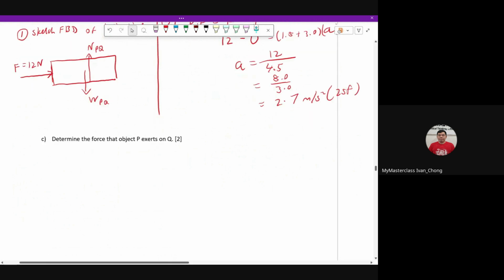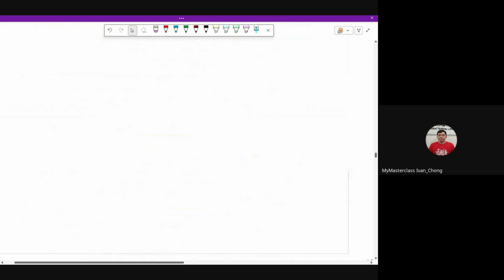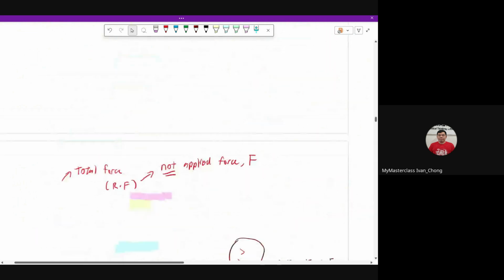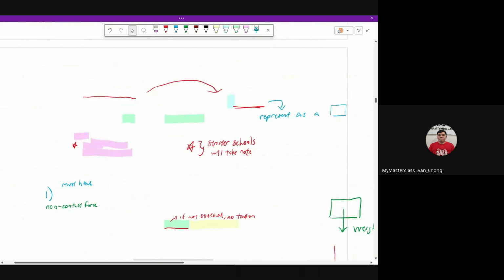Okay. So next, let's talk about the force that P exerts on Q. P on Q, which means we draw the free body diagram of Q. So this is your answering technique. You want to find the force on Q. Basically, we draw the free body diagram of Q, because if you remember from two videos back, what exactly does a free body diagram represent?